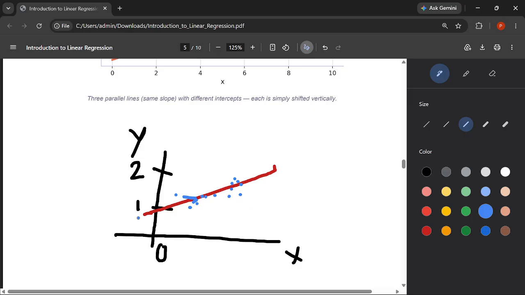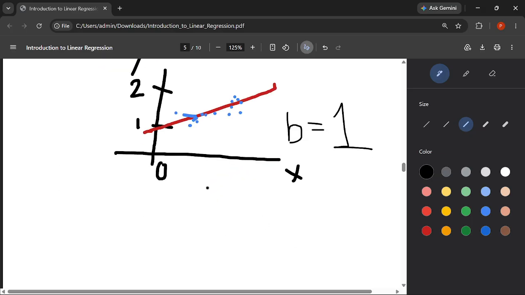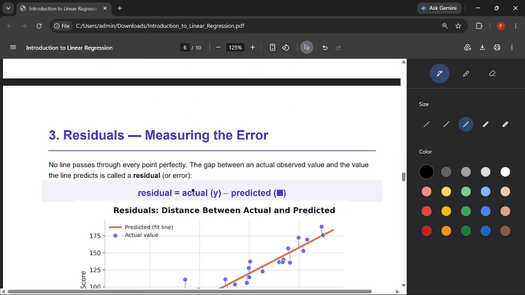We can see here that the 1 is our intercept. Okay, this is simple. We have to calculate this b. We will see what the formula of b is.